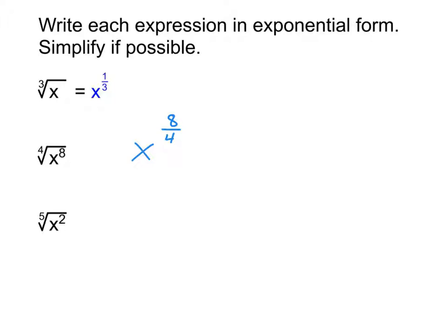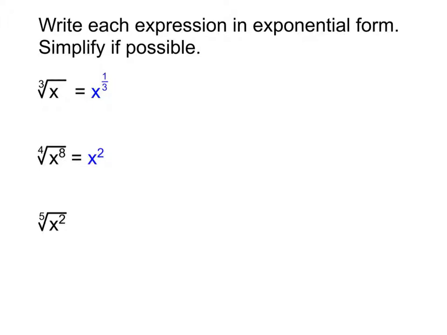What does 8/4 equal? 2. So yeah, we turn it into then just x squared. Simplify that fraction. Remember, anytime you see a fraction, look to see if it can be simplified. And if you get that idea down, it's going to make a lot of the work that we're going to go into later a lot easier as well.